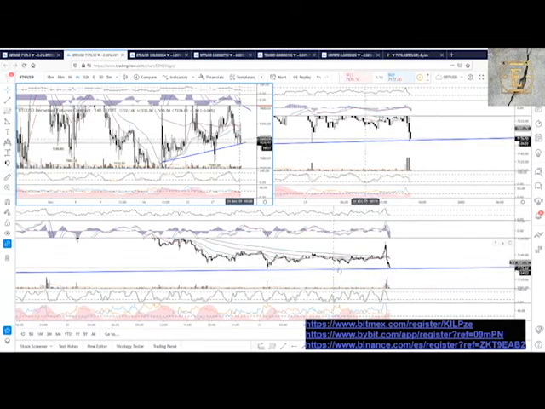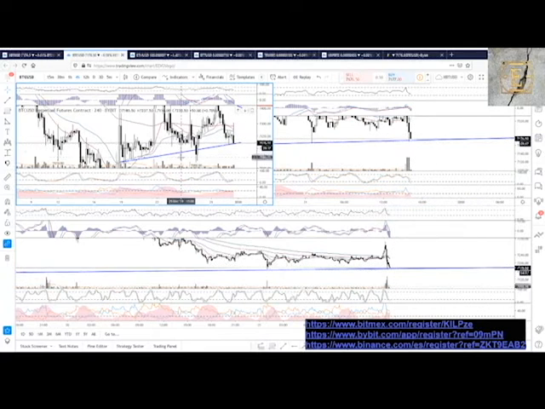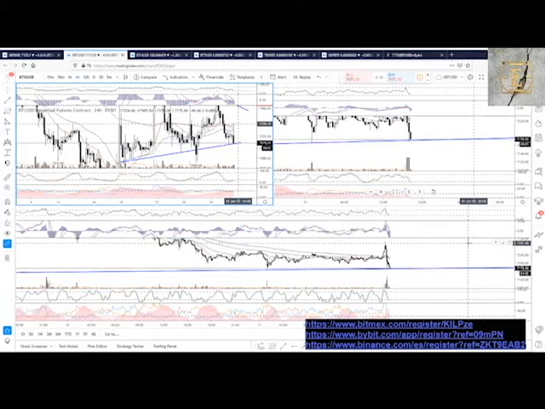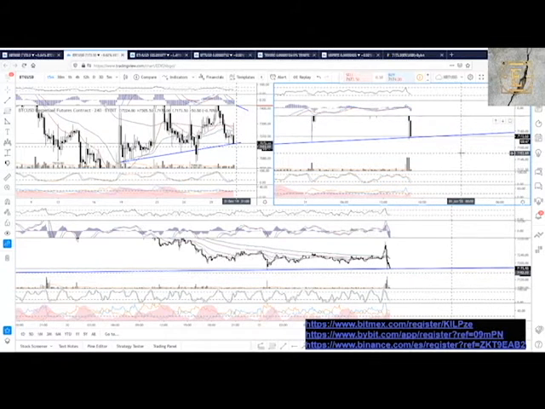Now it's testing again the trend line. This is not even the trend line I drew before. I modified it with the lower part of the wicks. So this trend line is over. It's over. There's no reaction anymore. 8 minutes, and the stochastic is going to be on the oversold, but I don't care.